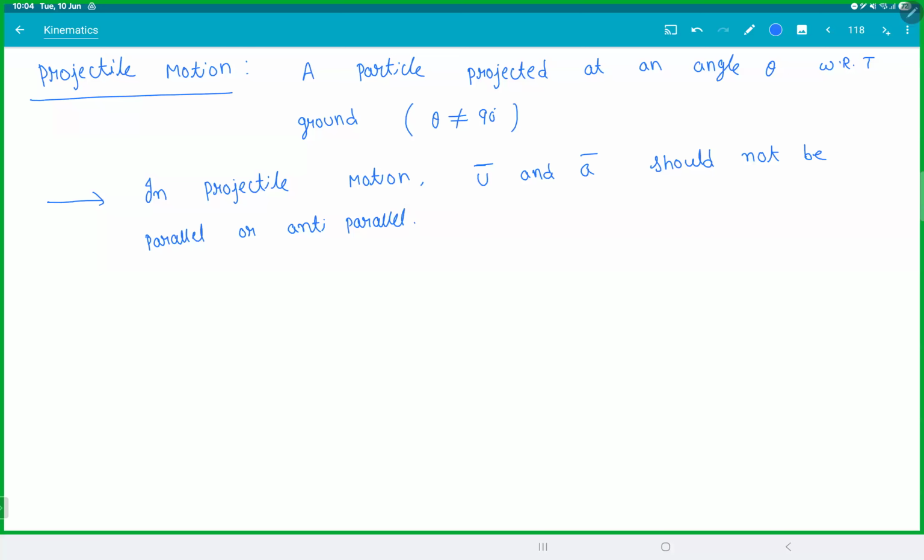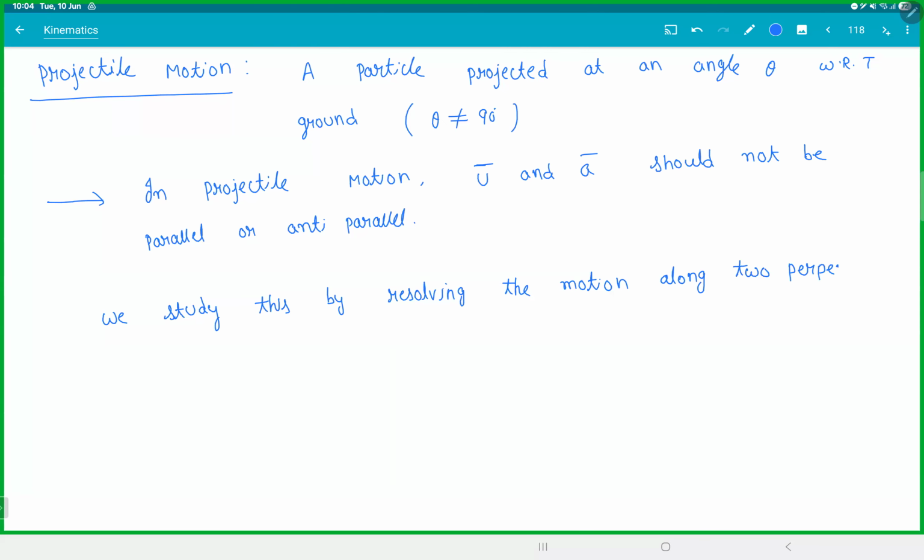So how do we study this kind of thing? If you start throwing particles at an angle, I have no idea how to study this, right? So you always split into something which you know. We study this by resolving the motion along two perpendicular directions.